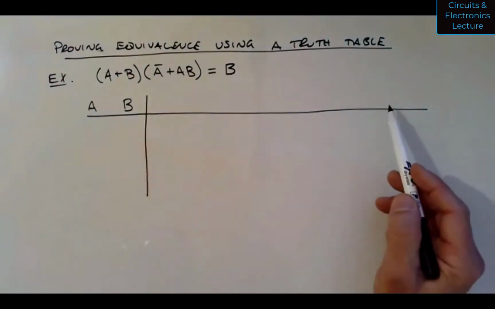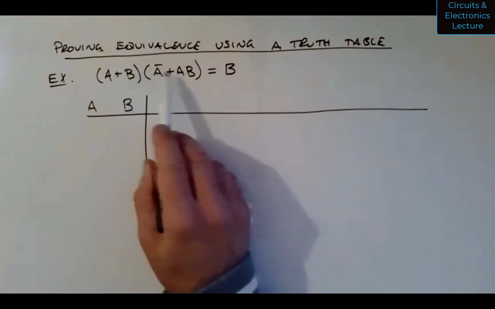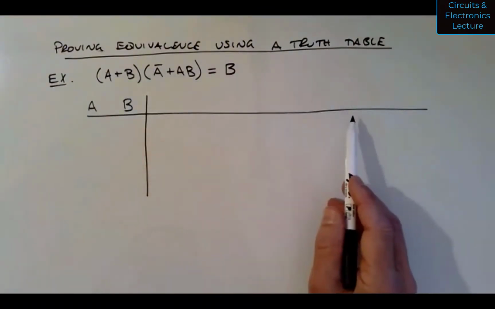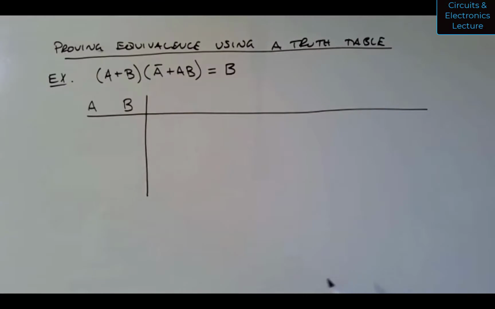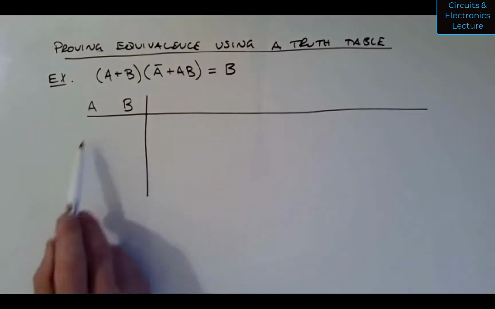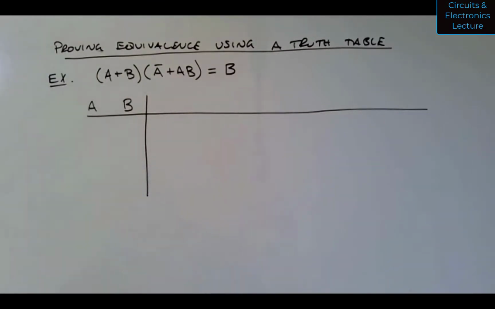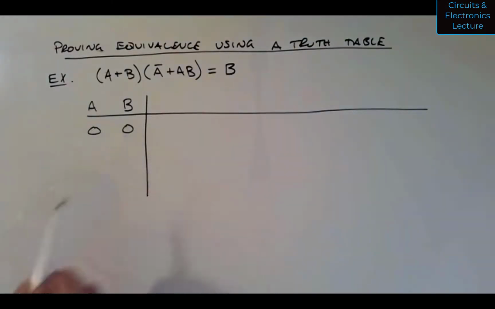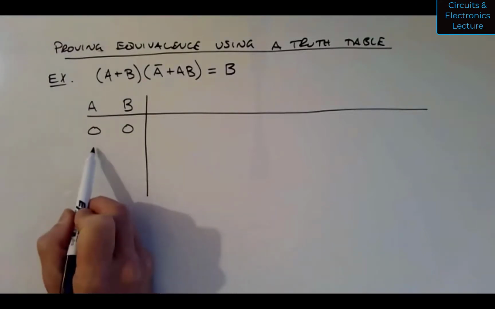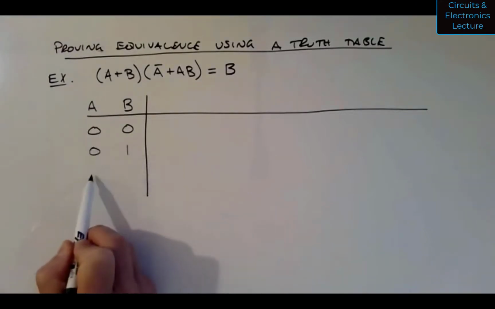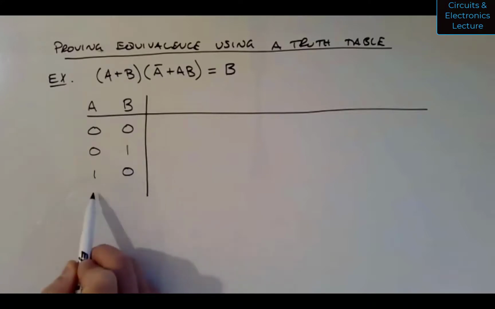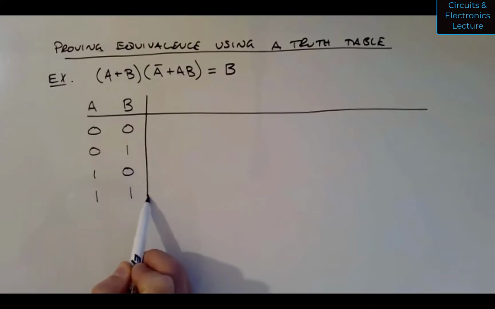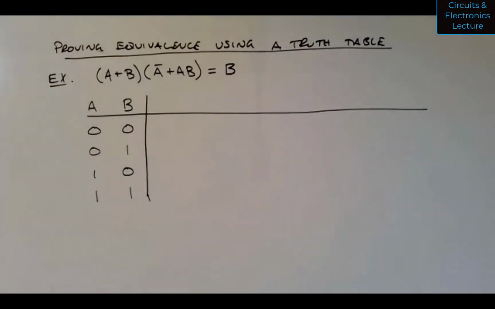And finally, I'll have the left side evaluated and what the logical values would be as a result of these different combinations of inputs on the left. So let's list out all possible combinations. You start at 0, you start counting up. So I've exhausted all possible combinations.